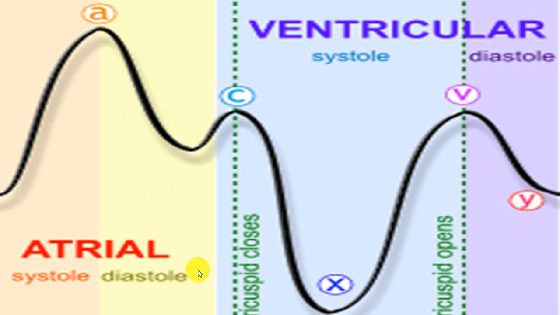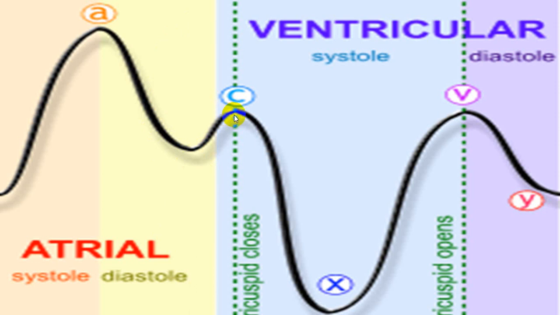Now this is the stage where there is isovolumetric contraction. The pressure in the ventricle is building up. The tricuspid valve will close so that the blood from the ventricle cannot enter back into the atrium. That is the stage where the ventricular systole is continuing and the tricuspid valve is closing.